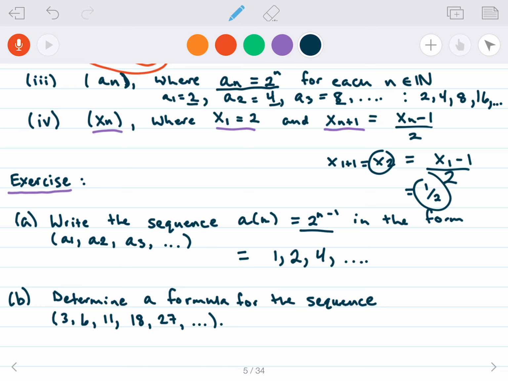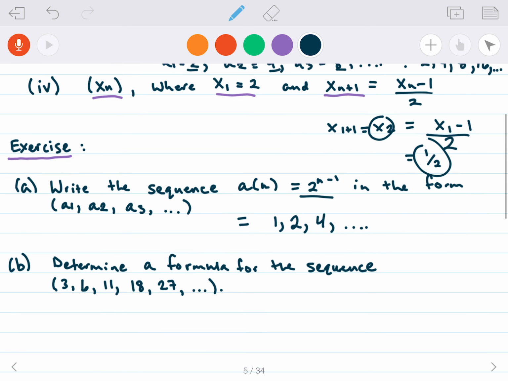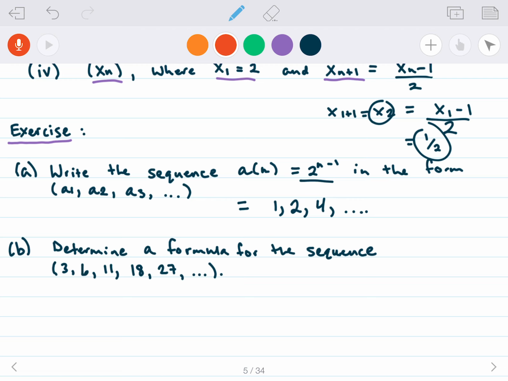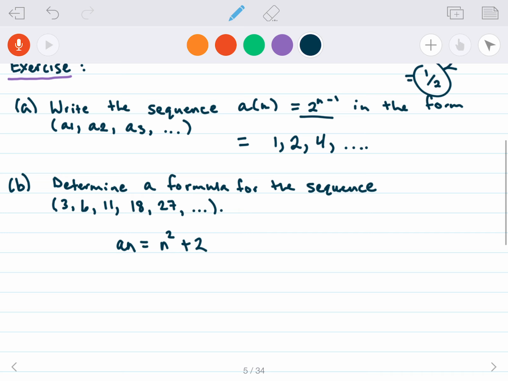Okay, and if we want to determine a specific formula for the sequence, there's a few ways to do this, but maybe pause the video and think if you can come up with a rule here. The rule for this specific sequence is a sub n equals n squared plus 2. Because of how the list is, this is a sub 1, this is a sub 2, a sub 3, a sub 4, a sub 5.